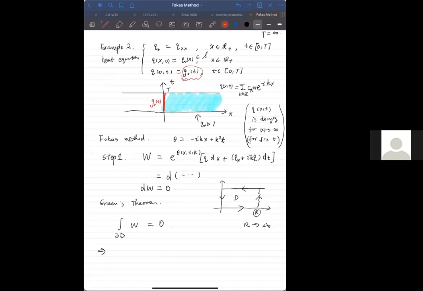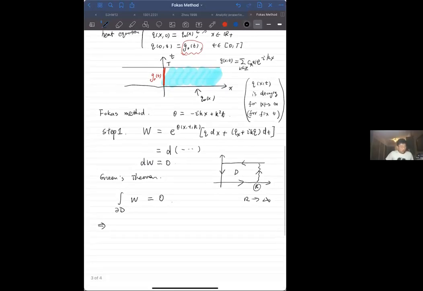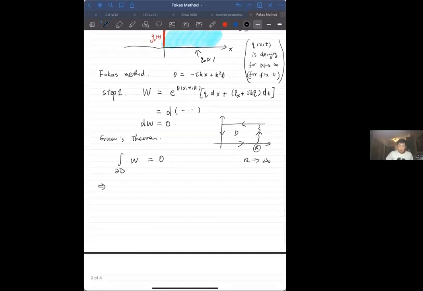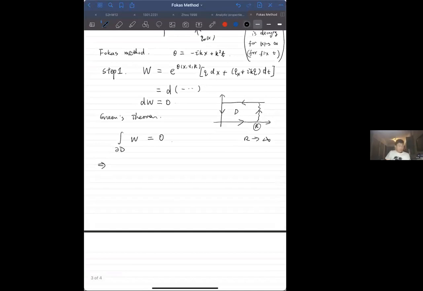Let's see, the procedure will work. Use the Green theorem, and you will see.